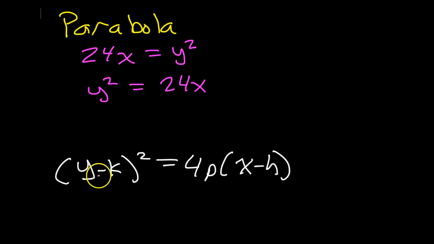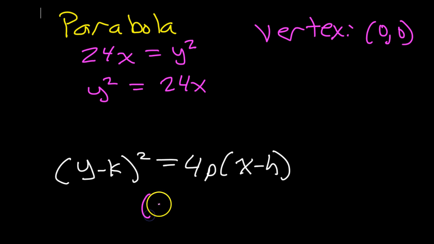So notice how we don't have a minus k or a minus h. That means the vertex must be 0, comma 0. Okay, because normally the vertex is h, comma k. Opposite of this one, opposite of this one. But there's nothing added or subtracted, so it's 0, comma 0.